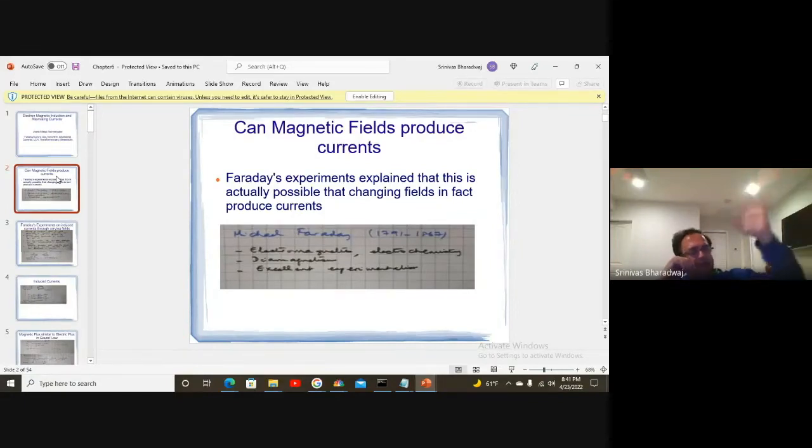Previously there was no changing magnetic field, there were moving charges. Now there's going to be a changing magnetic field. In the previous case, there was a charge moving in a magnetic field. What is a moving charge? It's a current, right?